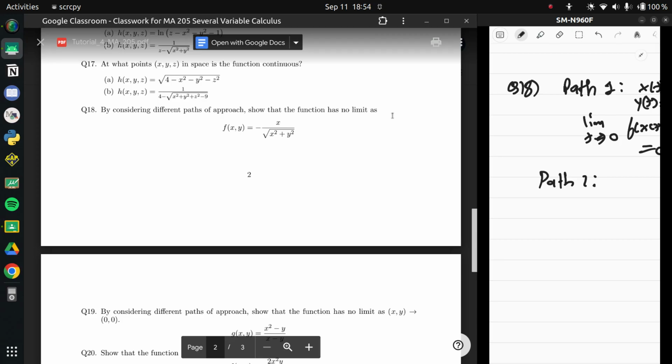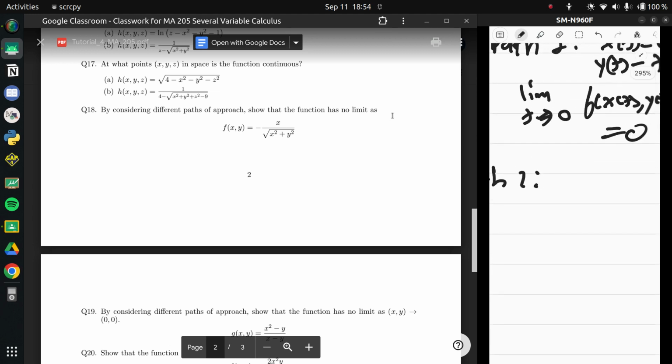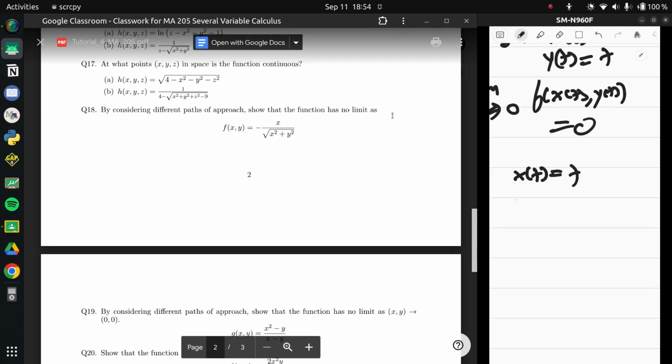Square root... let's just take the line y equal to, okay, let's actually take this thing. So we'll just say x of t is equal to t, and y of t is also equal to t, which means it tends to 0, 0.